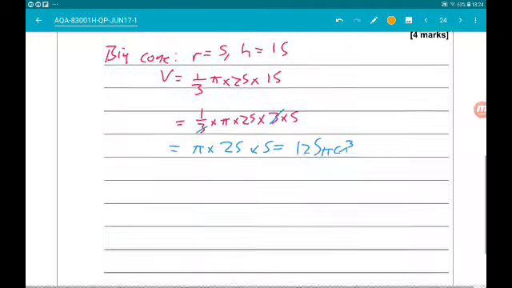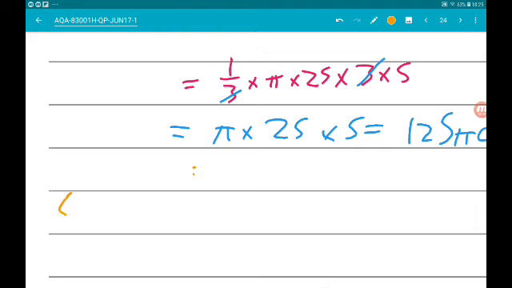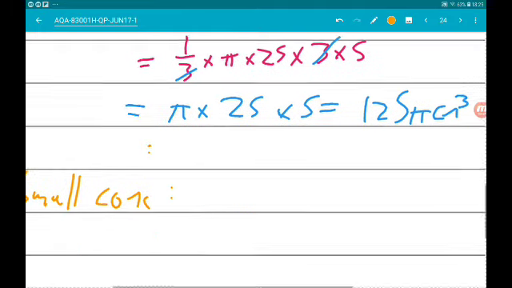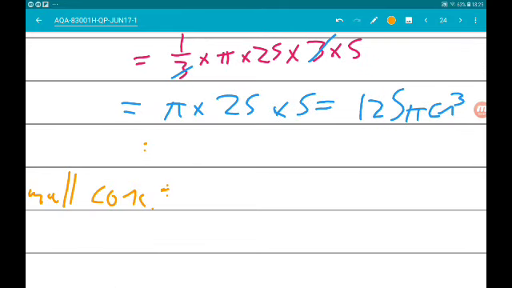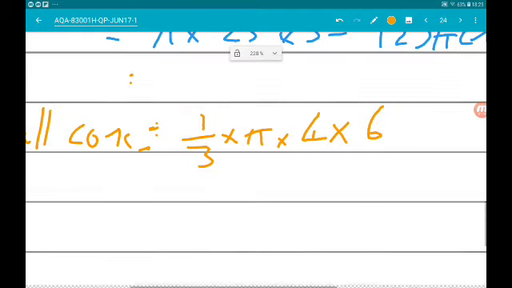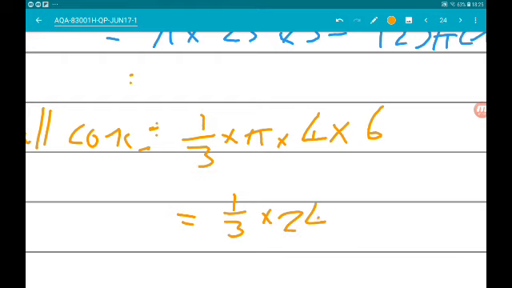So, for the small cone, we have 1/3 times pi times 2 squared, so 4, times 6, the height. So we've got 1/3 times 24 pi, which is 8 pi.